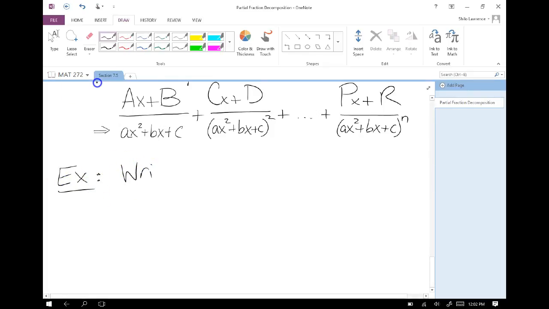We're going to write out just the basic partial fraction decomposition. We're not going to solve for any of those unknown numerators.